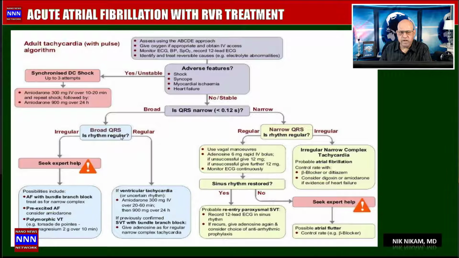On the other hand, if we have a regular wide QRS tachycardia, like the Gordon variety, 150, 160, 180 wide QRS tachycardia, symmetrical QRS complexes, and the blood pressure is sort of borderline, then you know you're dealing with most likely ventricular tachycardia.